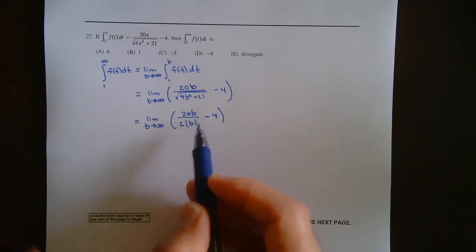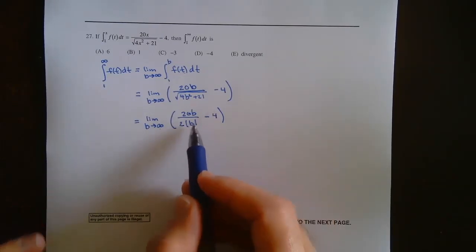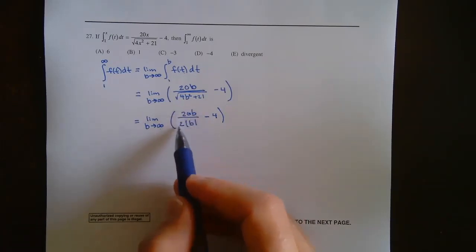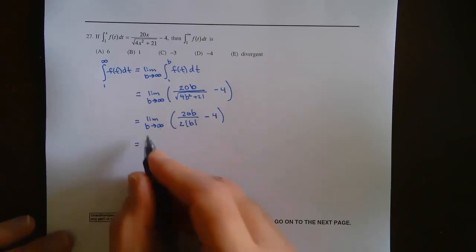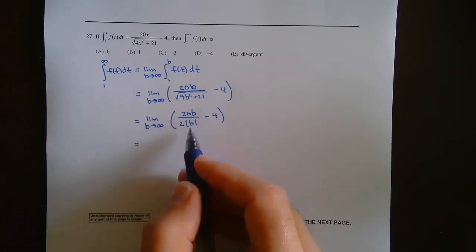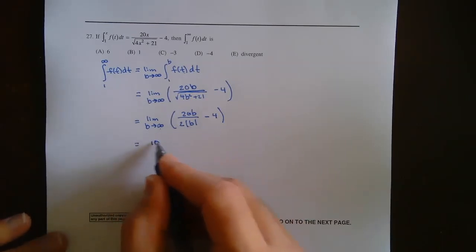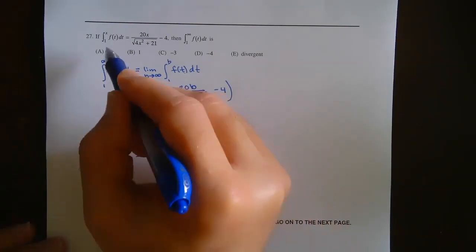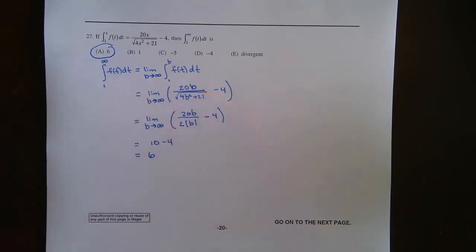So this would be basically 20b over 2b, or 10, if b goes to infinity. So these are going to cancel out, and we're going to be left with 10 minus 4, which would come out to be 6. So the correct answer is A, 6.